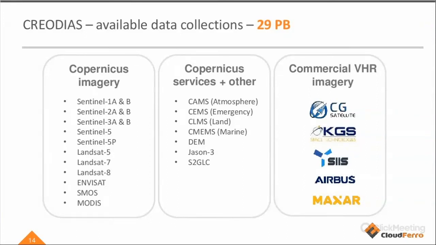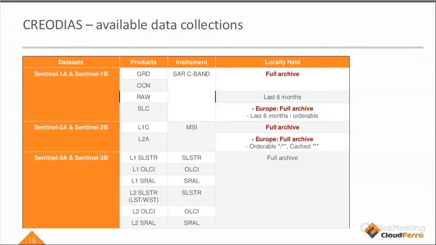And also for users that require, we have VHR imagery, so you can order those through our Finder or through contact with our sales department, and then you can have access to those repositories for parts of the data, and you will be able to process it the same way as all the data.